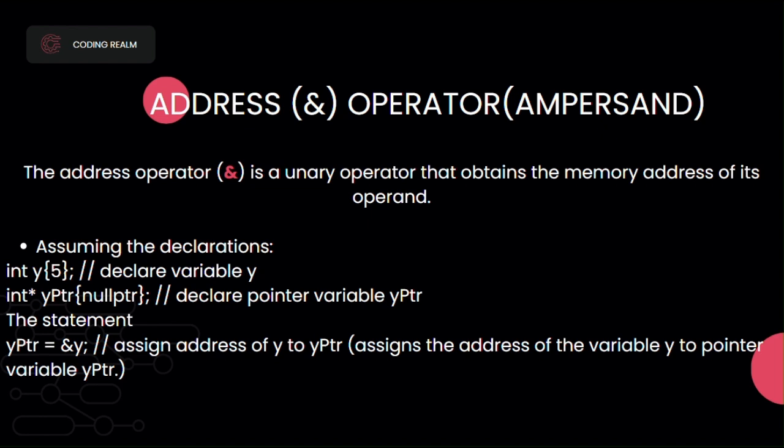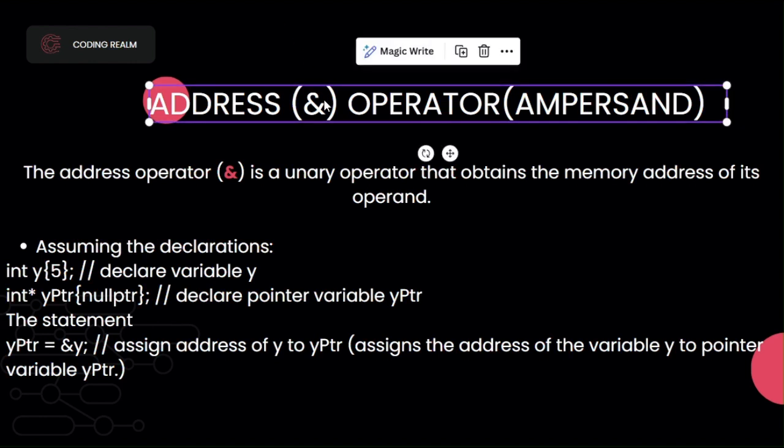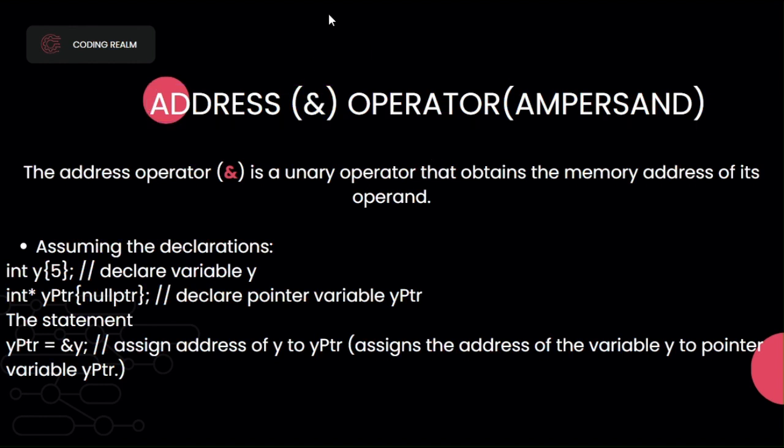Now the address operator, which is called ampersand. The character & means the address. The address operator is a unary operator that obtains the memory address of its operand.